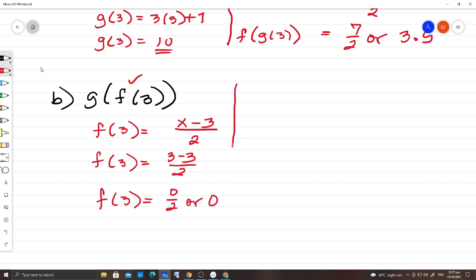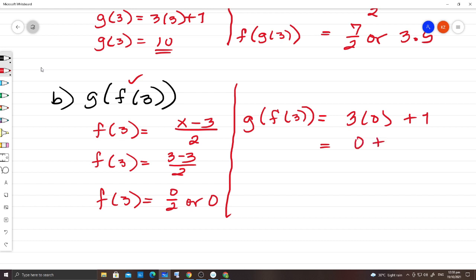Now we can get the value of g composed of f of 3. We know that f of 3 is 0, so 3 times 0 plus 1, so 0 plus 1, equal to 1. So g composed of f of 3 is equal to 1.